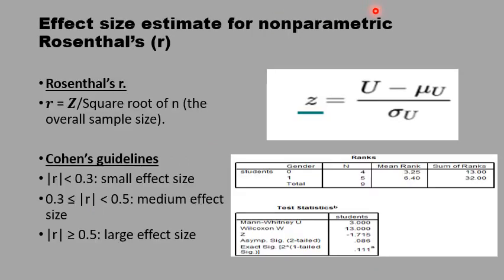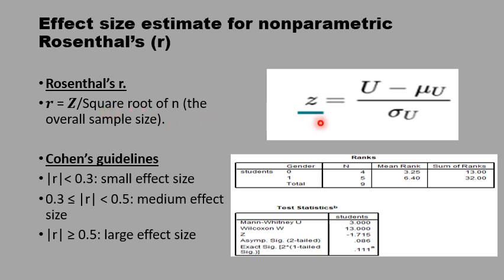Now, to find out if the difference between the two groups is small, medium, or large, we need to calculate the effect size. The effect size for the non-parametric test is Rosenthal's R, and it is obtained by this formula. It equals the Z score divided by the square root of the sample size.